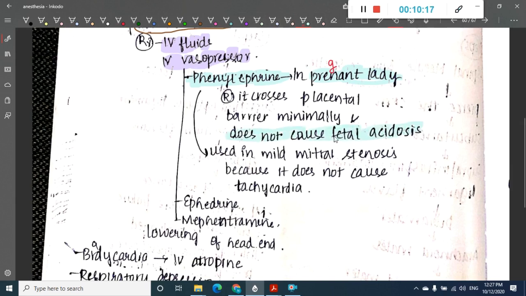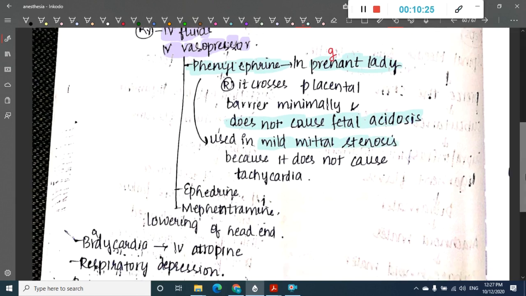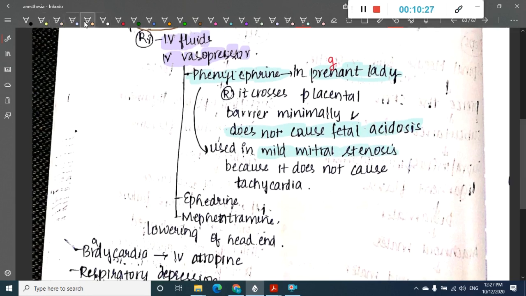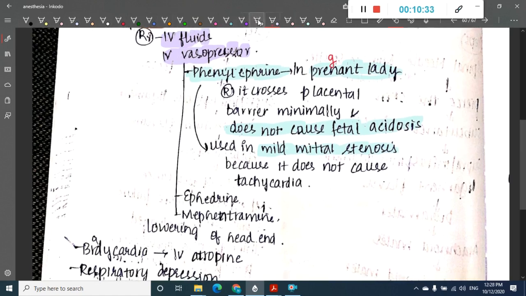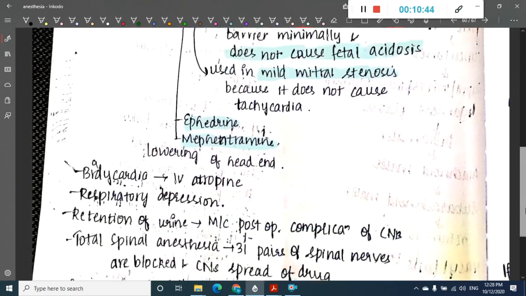So you can safely give phenylephrine in pregnant women, and it is also used in mild mitral stenosis because it does not cause tachycardia. The other important vasopressors are ephedrine and mephentermine.